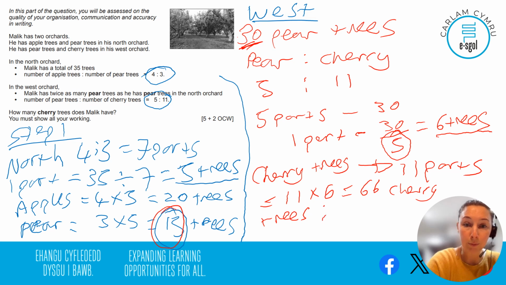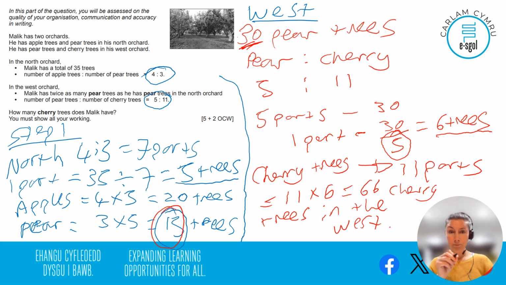And we'll finish off by saying in the west. Now that's the end of that question. You've answered it there. They wanted to know how many cherry trees there were. And you've got your answer there, which is 66 cherry trees with that ratio.